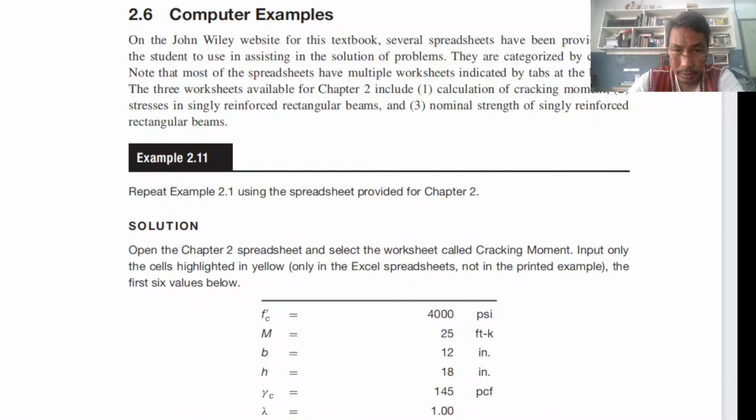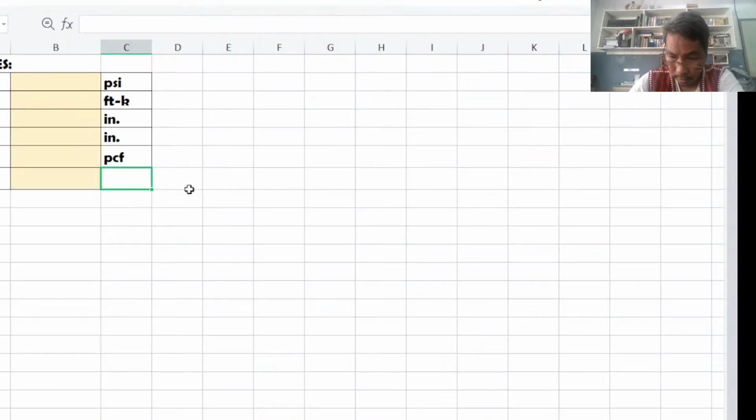There is no dimension, so just put it like that.